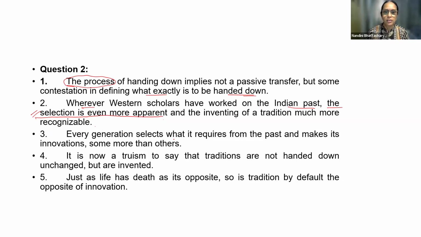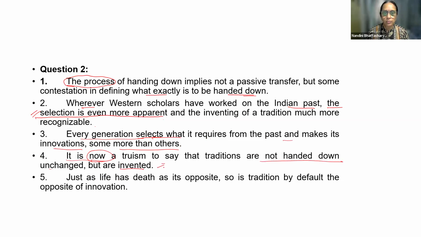Every generation selects what it requires from the past and makes its innovations, some more than the others. So this is talking about selecting something. It is now a truism to say that traditions are not handed down unchanged but are invented.